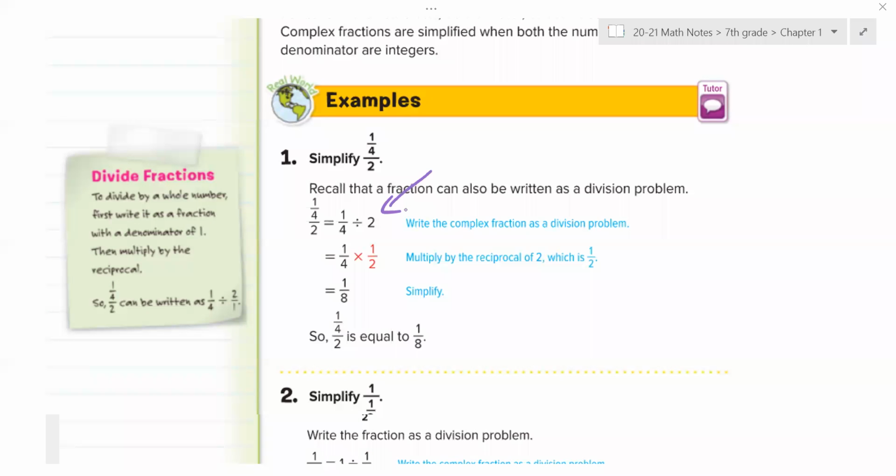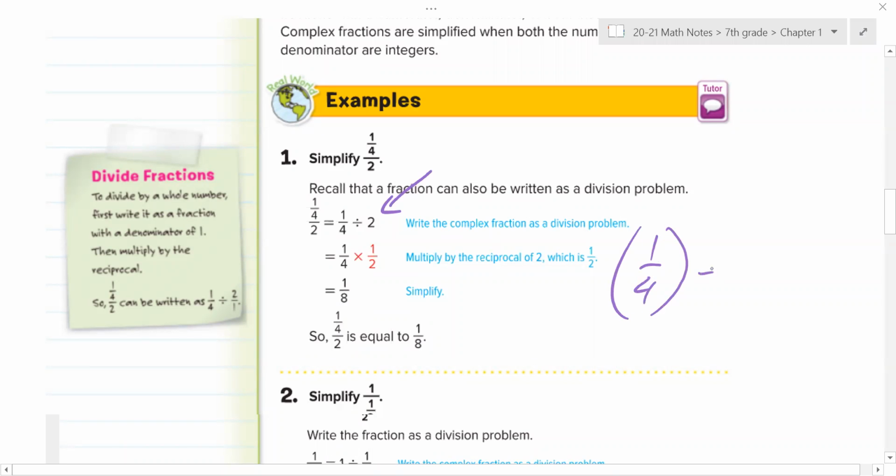It's possible that you might need to put each fraction in parentheses. It's safe to put any fraction in parentheses because when you type in 1/4 divided by 2, if you don't use parentheses, the calculator might think you're doing 1 divided by 4 divided by 2, and that would not work the same way.